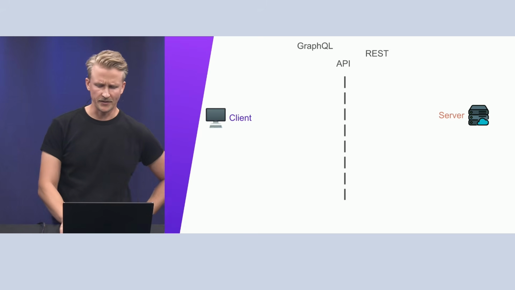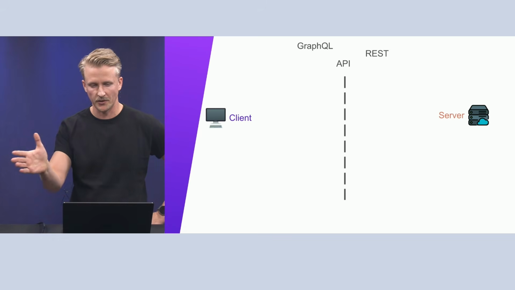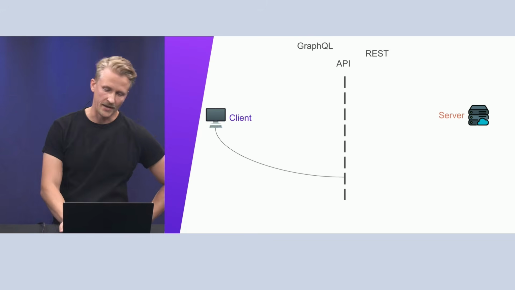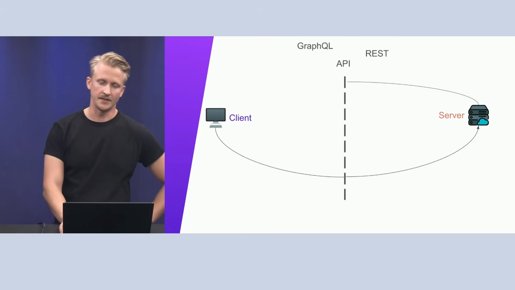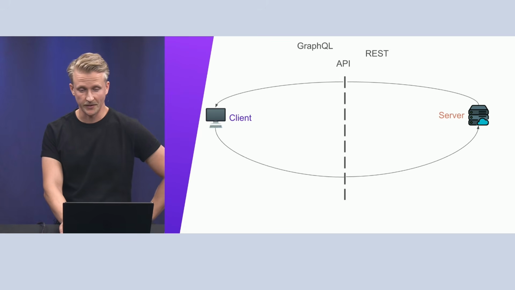It doesn't really matter to get this point across, but that's usually what I've seen. The client makes a request, it gets to the server, the server gives a response back to the client, and that's the cycle you kind of live with as a web developer, or a full stack developer rather.